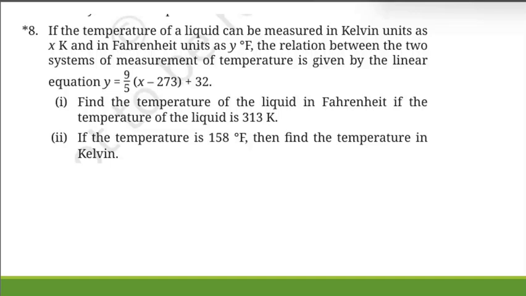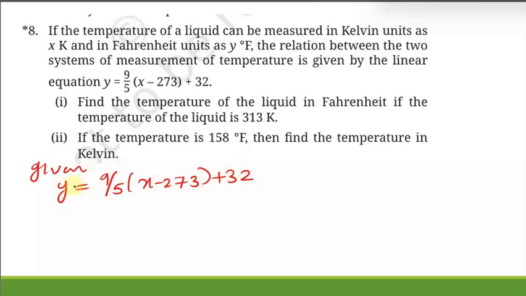Okay. So in one part the temperature is given in Kelvin, and in the other part the temperature is given in Fahrenheit. So you have to find the temperature in Fahrenheit for the first part, and in Kelvin for the second part. Shall we do it? What is given, you can write: given y is equal to 9 by 5 into x minus 273 plus 32. I hope you remember how to derive the equation.